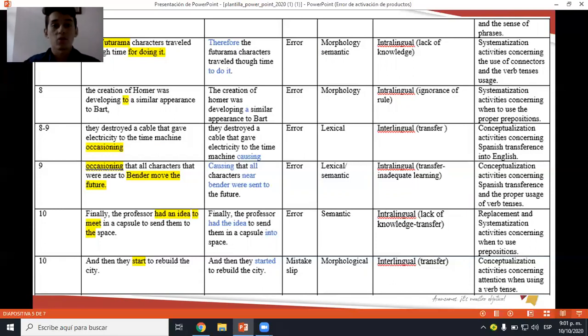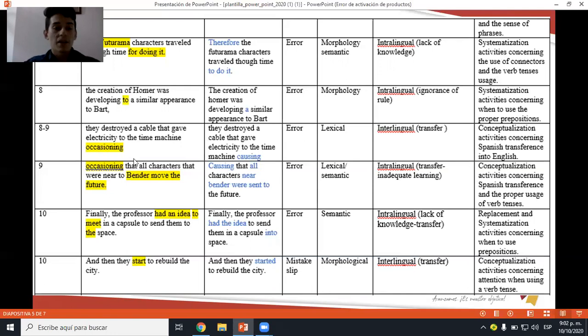So I added this connector right here, "therefore", in order to make it make a little bit more sense. So I classified it as a morphological and semantic mistake. And I propose a systematization activity concerning the use of connectors and verb tense usage.